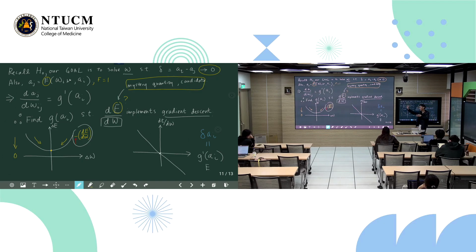I want some way to train my weights such that the way I train my weights is going to make what I use to train my weights smaller and smaller. Correct? That's what this graph means.